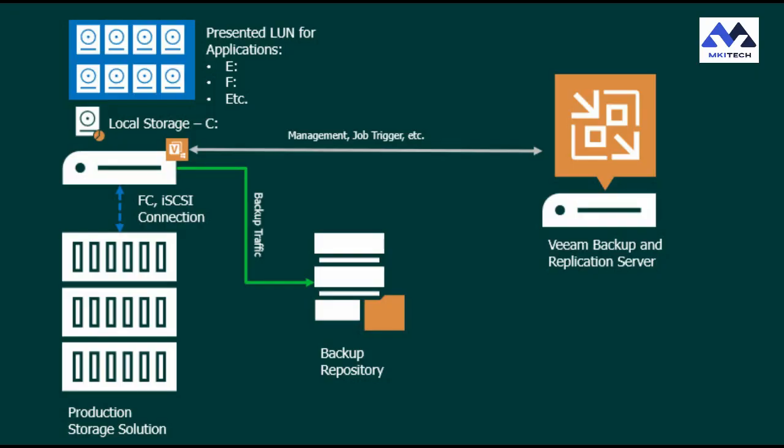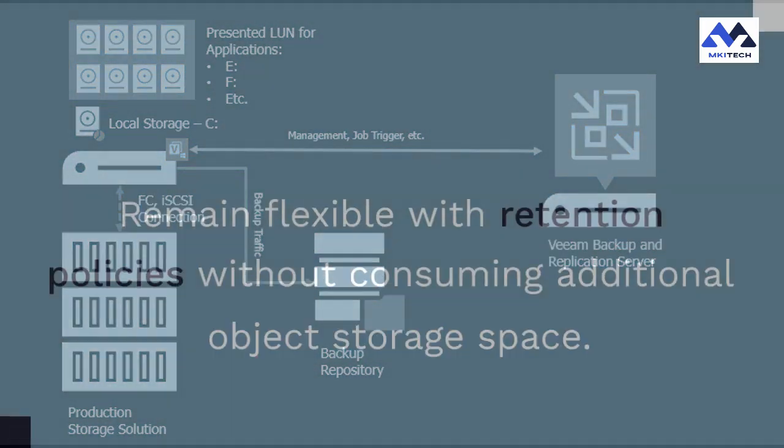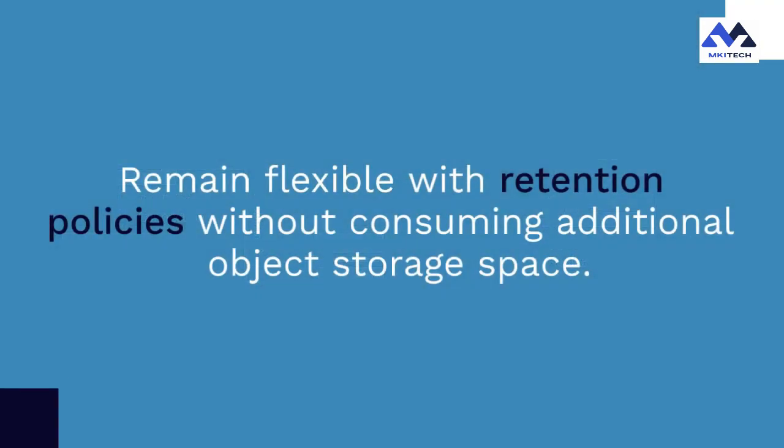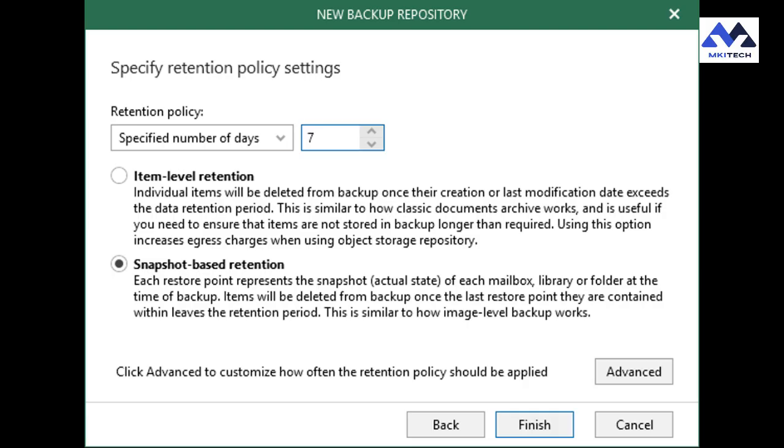The spaceless full backup technology of ReFS and XFS-based Veeam backup repositories is also available when you back up directly to object storage. Remain flexible with your retention policies with the knowledge that your GFS full backups will not consume additional object storage space.